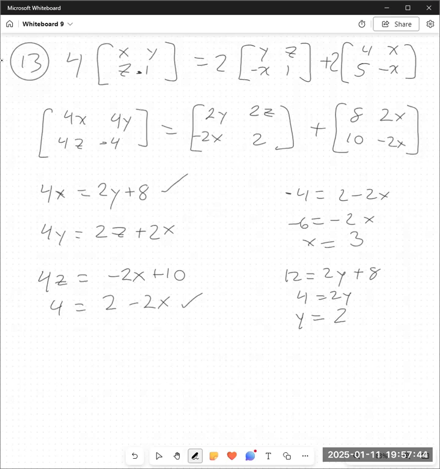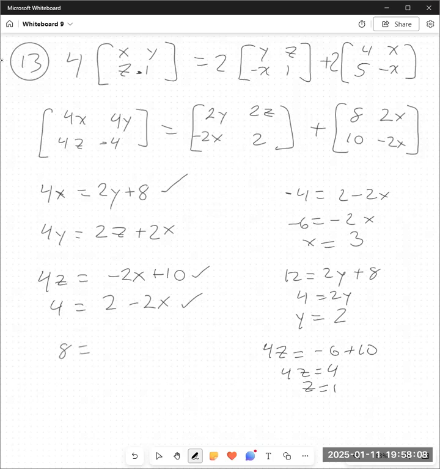Let's continue to use x. So 4z is equal to -2 times 3. That's -6 plus 10 will be 4. 4z is equal to 4. Z equals 1. While we're at it, let's go ahead and plug in y over here, to make sure that we get the same thing for z.